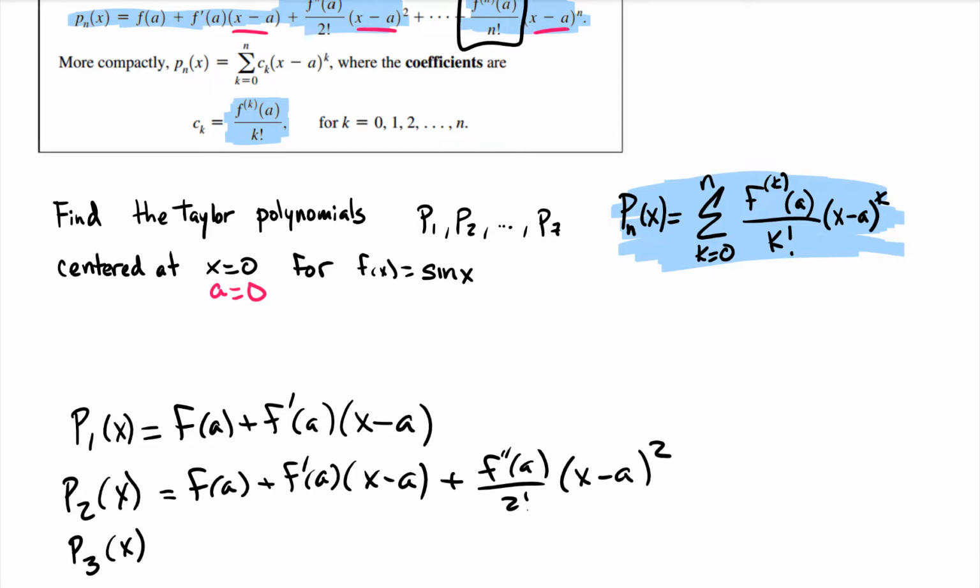We're going to need to just keep adding on to it. So then this would be the same thing, the same thing, the same thing, plus f triple prime of a over 3 factorial, 6, times x minus a all cubed. But do you see, the only thing we really have to solve is for the derivatives. We continually have to put in more and more derivatives.